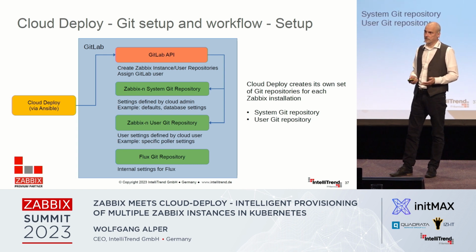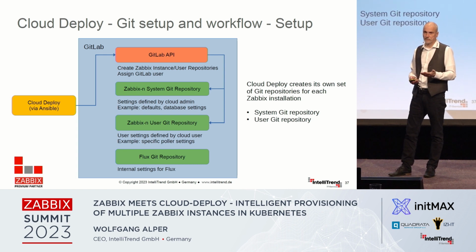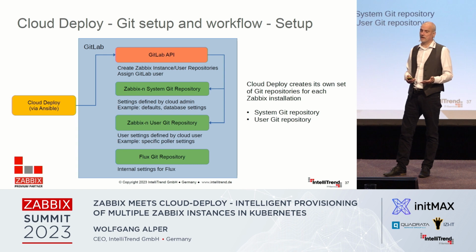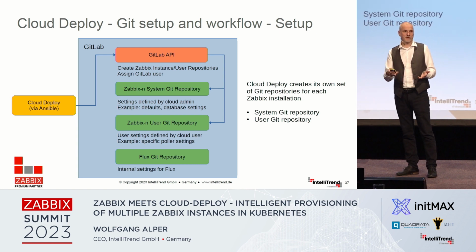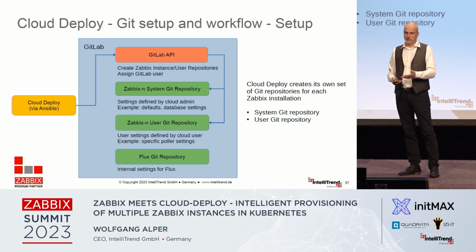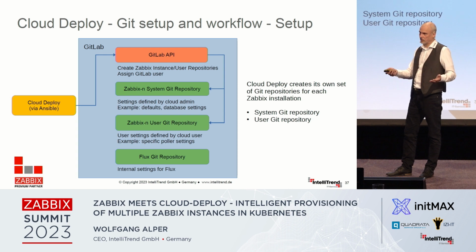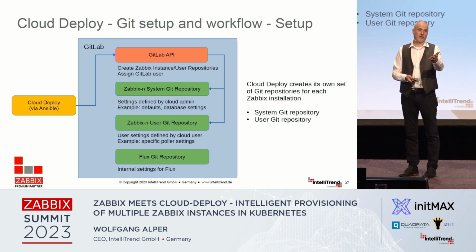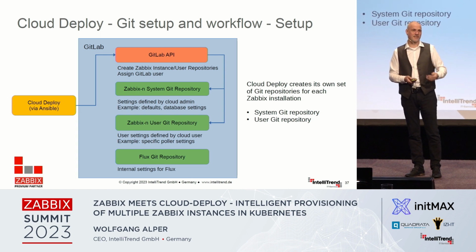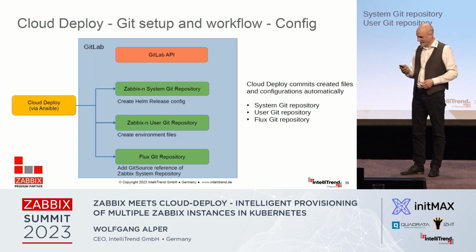We have two repository types for each application. One is a system repository and the other one is a user repository. The idea is that we have settings that are defined by the final super administrator of the service who doesn't want the user to change, for example, the database settings, but we would like the user to change the poller settings, which are no longer required in Zabbix 7 because of autoscaling, as I understood.